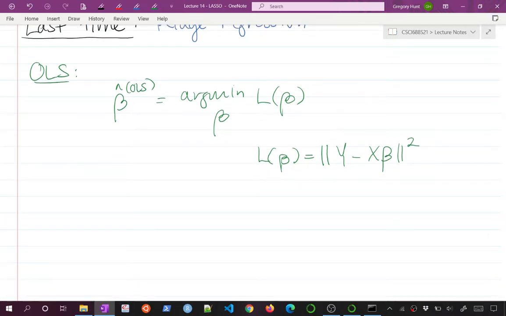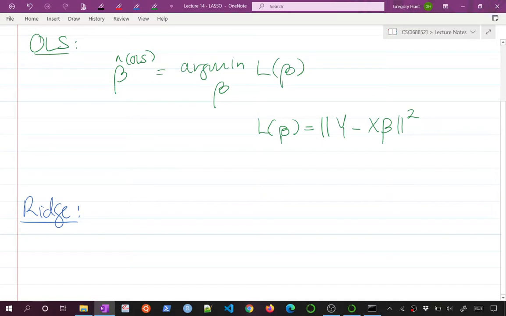And we had come up with this thing called ridge regression, where if we had variables that were highly correlated, columns of x that are highly correlated, or in the extreme case where we have more variables, a higher p, than we have samples, that is rows of x, n, our beta hat actually wouldn't be unique.